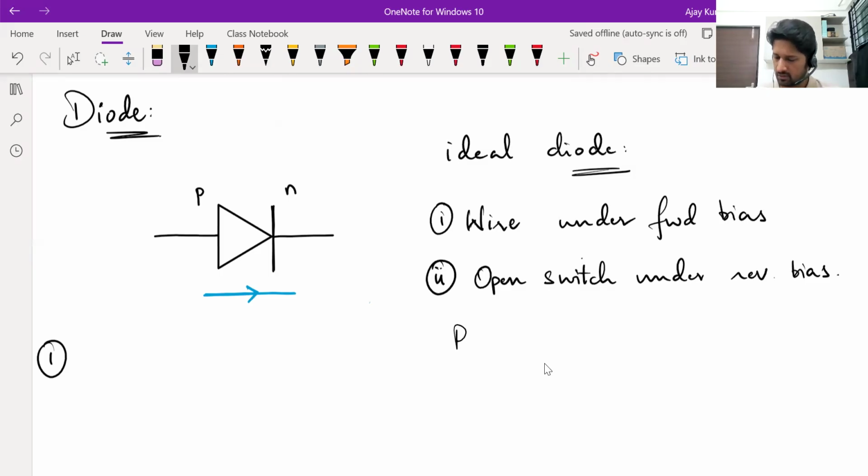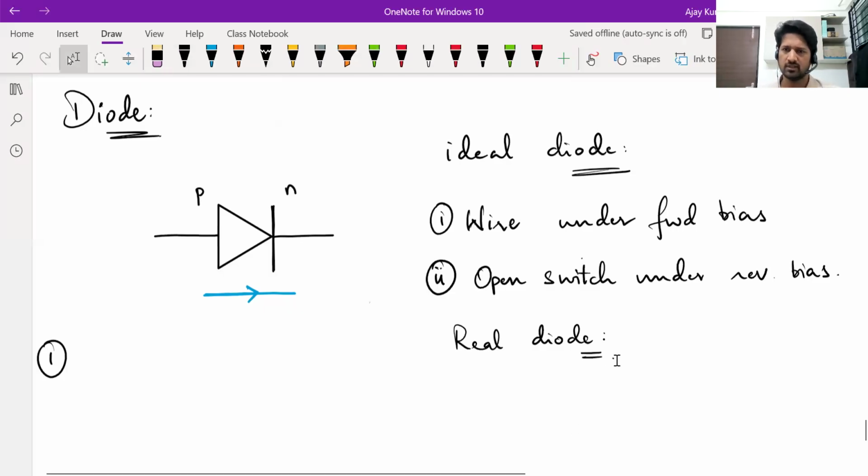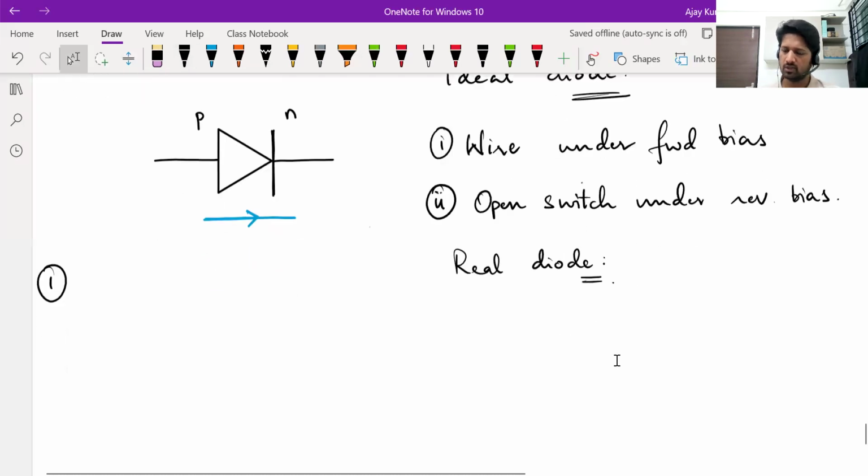A real diode, see, real diode will offer some resistance. In reality, every material has some resistance, okay, to the flow of electrons. So under forward bias, there will be significant current in a real diode. But what happens? There will be a small potential drop. See, current flows from P side to N side, okay?